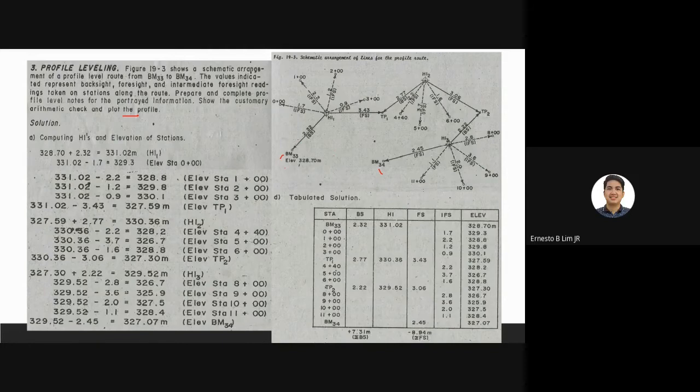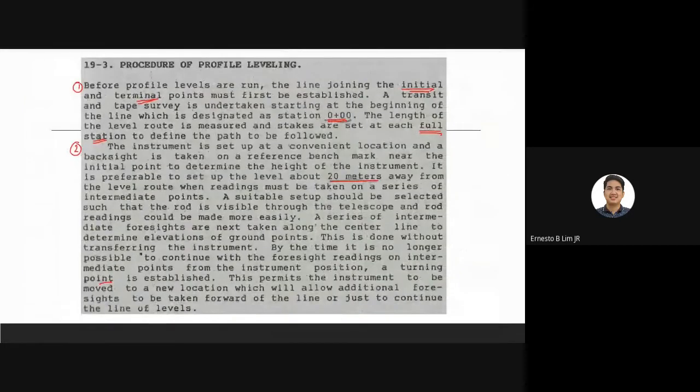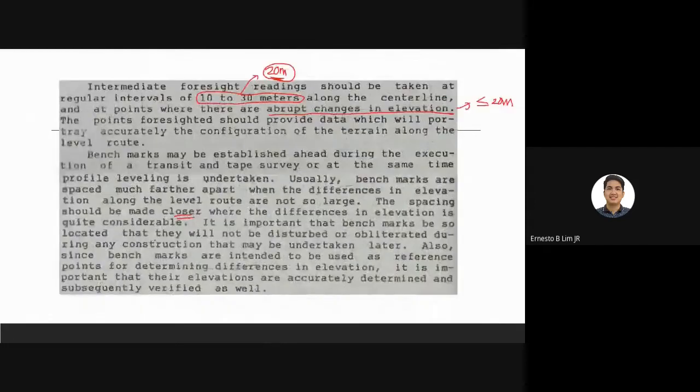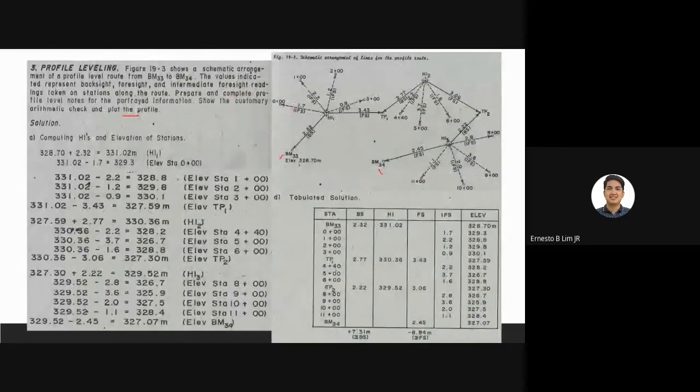Okay, so from our first procedure, we already established the initial and the terminal points. Then next, a transit and tape survey is undertaken starting at the beginning, 0+00. For this example, they decided to have a full station of 100 meters.